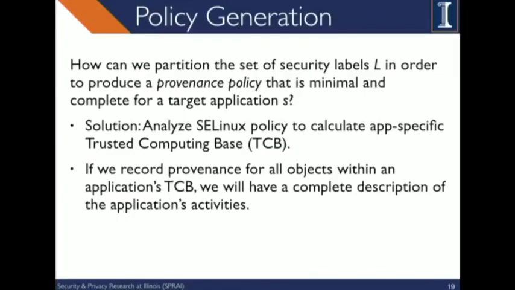The TCB can be thought of as the set of objects upon which a given application depends. And intuitively, if we collect provenance for every single object within an application's trusted computing base, we should have a complete description of that particular application's history.